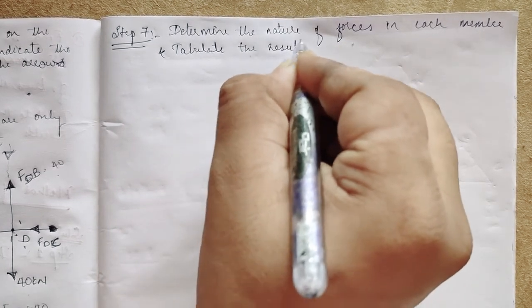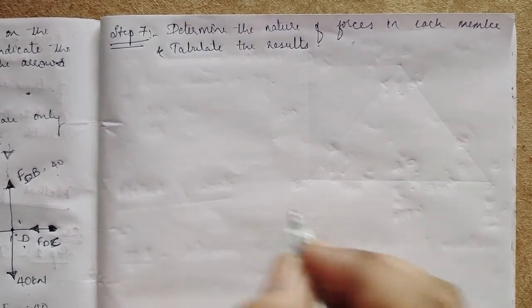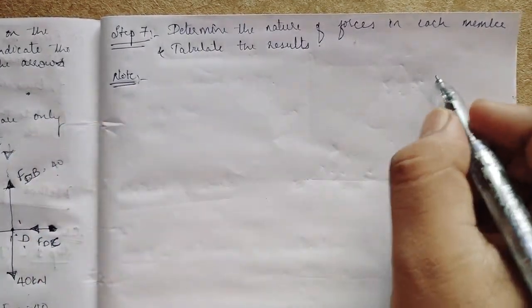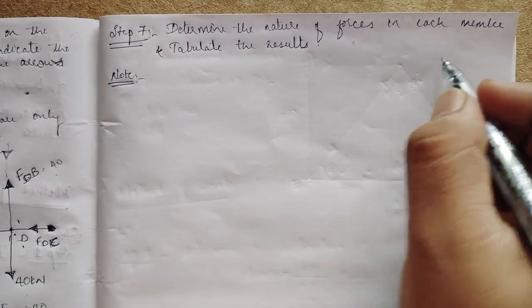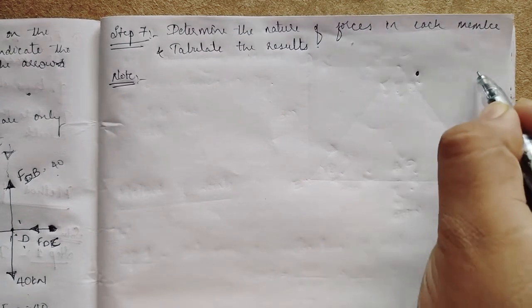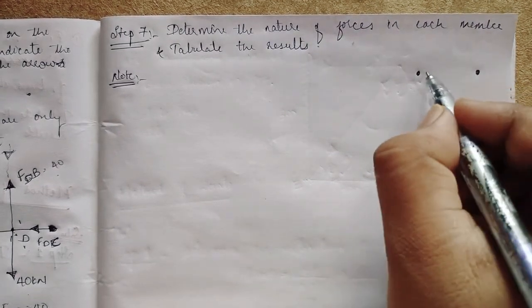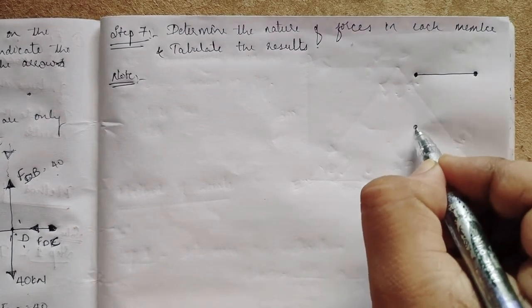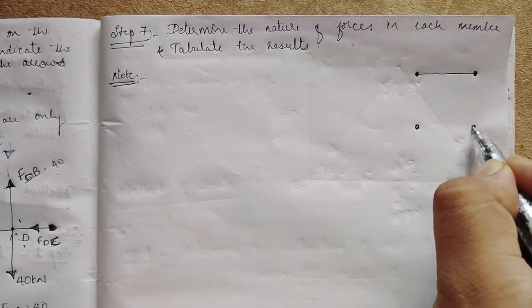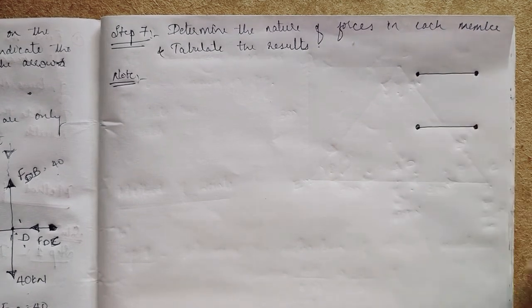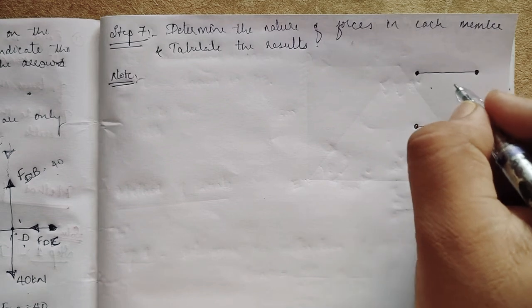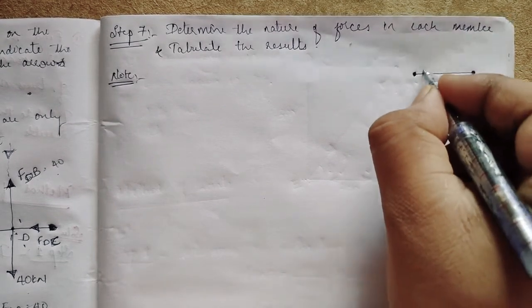The results. Okay, here take one note, that is, as I already explained you, what is tension in the joints. If there are two joints, okay, so see here I am writing for you. If there are two joints, if I mark the tension, how to mark the tension in the joints?